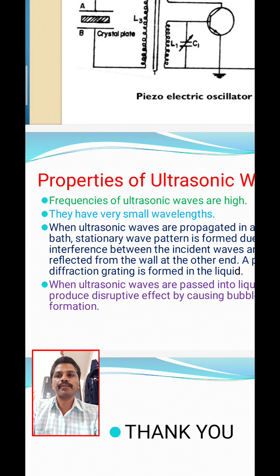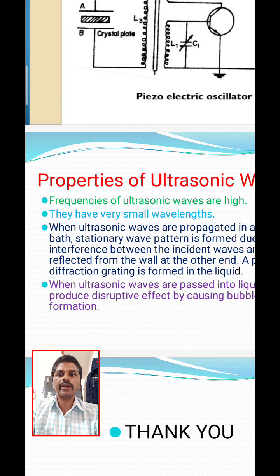Third property, when ultrasonic waves are propagated in a liquid bath, stationary wave pattern is formed due to interference between the incident waves and those reflected from the wall at the other end. The density of the liquid at the nodal points increases, while at the antinodal points it decreases.